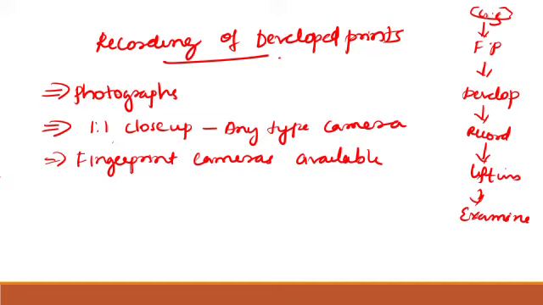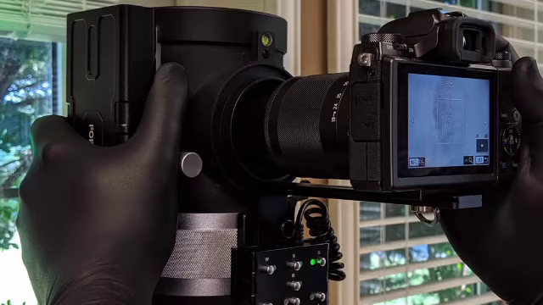So fingerprint cameras are available for taking the photograph of fingerprints. I will show you a picture of the camera. Here you can see the picture of a special type of camera which is used for taking fingerprints. So this is one of the cameras.